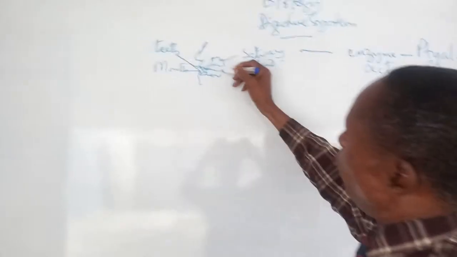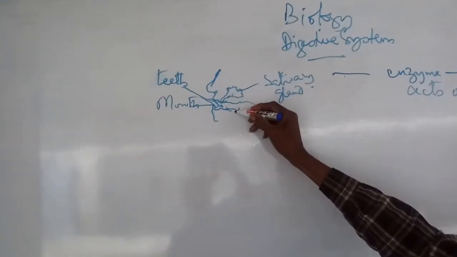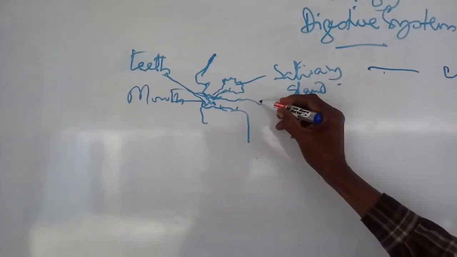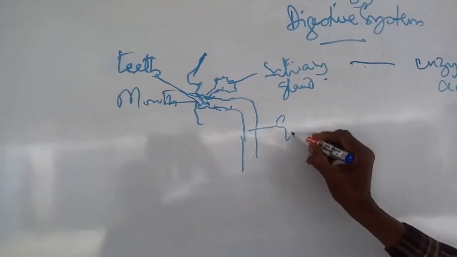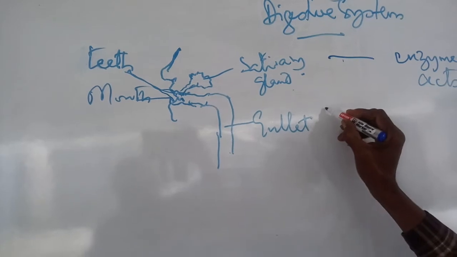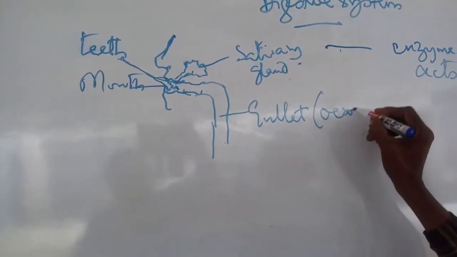After mixing with the saliva, the food is swallowed through the gullet. Another name for gullet is oesophagus.